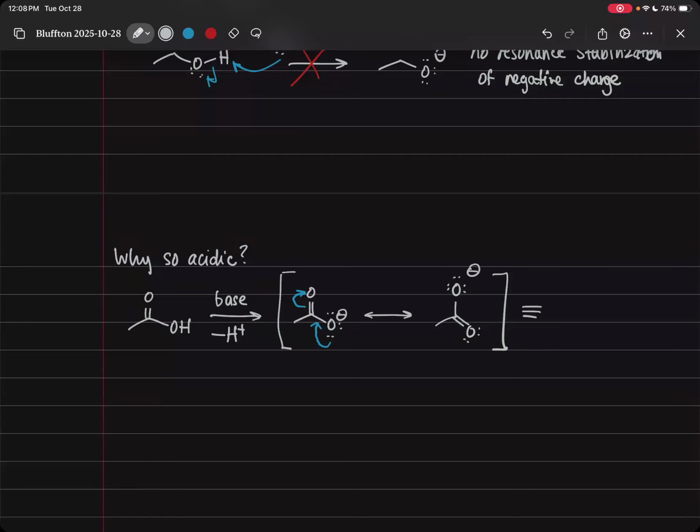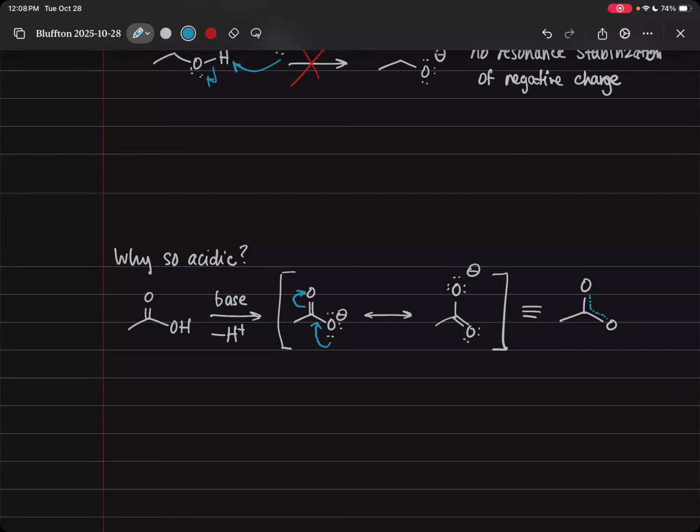So if we want, we could draw a structure that better indicates the delocalization, or the distribution of that negative charge to those 2 different places. We can do that, for example, by drawing this sort of dotted line. It's kind of visible.